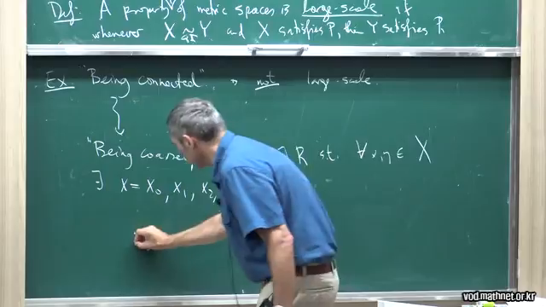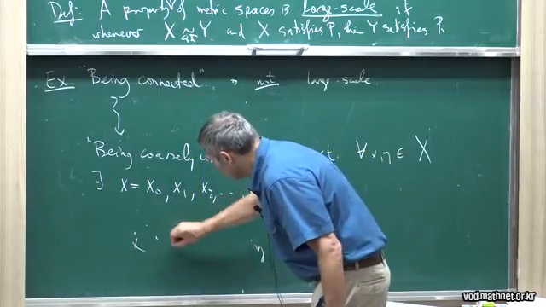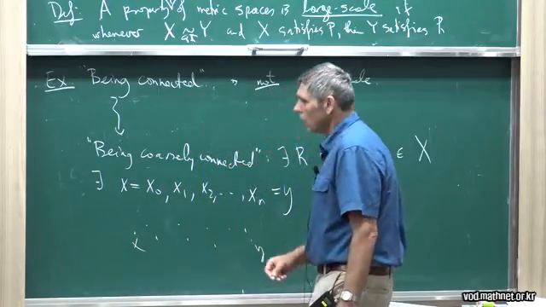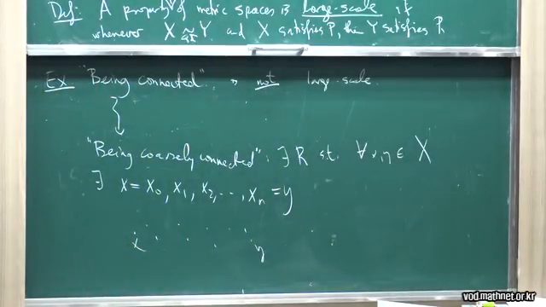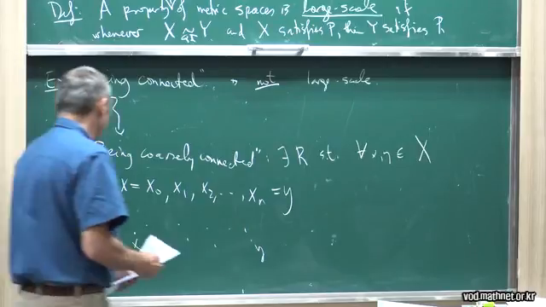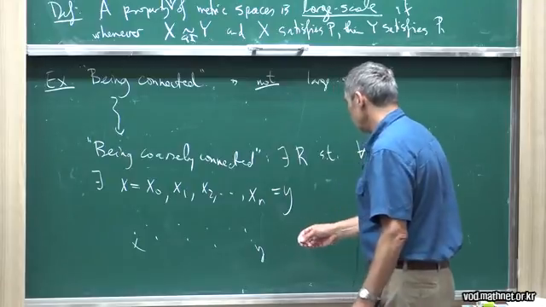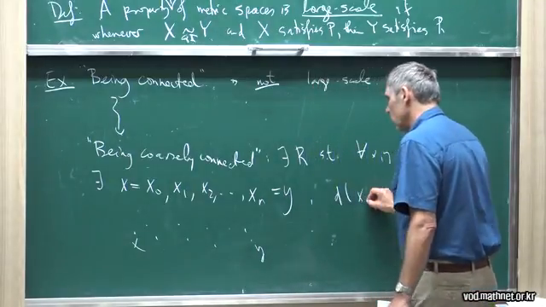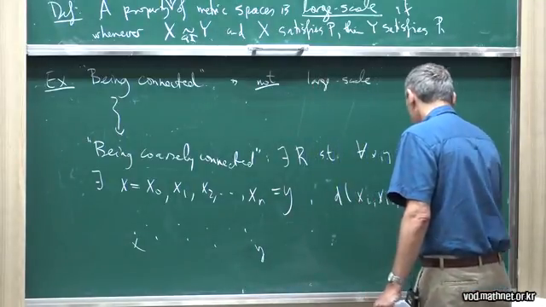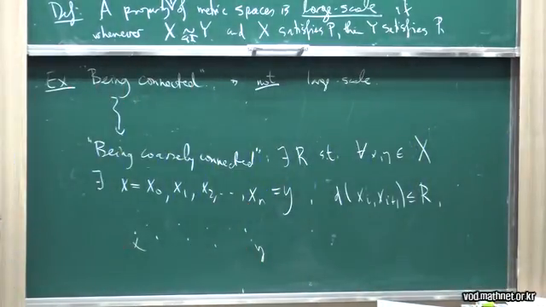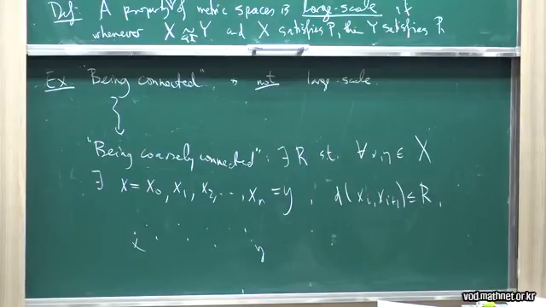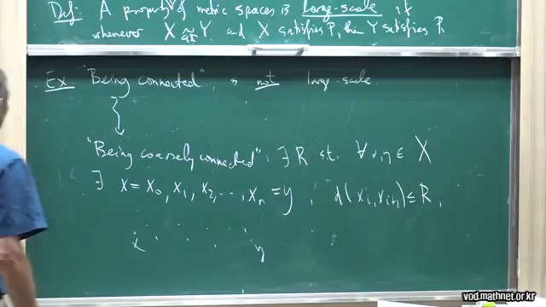I cannot use paths to define connectivity because a discrete set could be quasi-isometric to something that should be connected. But I can use these discrete paths, and the requirement is that the distance between 2 consecutive points is less than or equal to r. Okay, so I'm allowed to make these hops of size r, and if I can connect any 2 points like that, then I call the space coarsely connected. And this is a large-scale property.